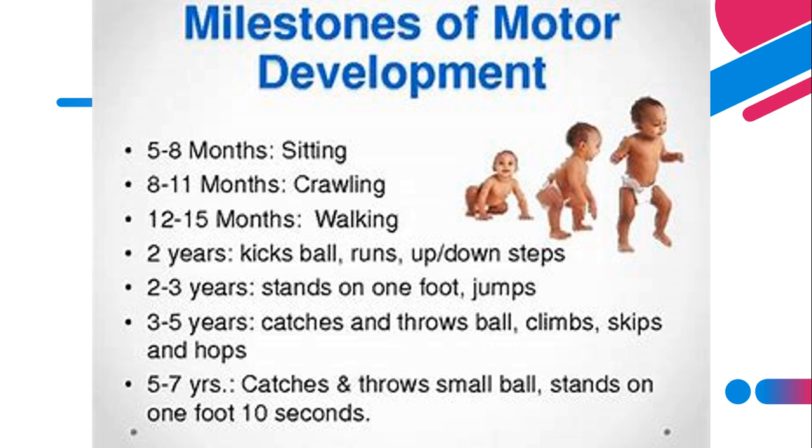They're developing that core, and they do that by their tummy time, as an infant, being able to lay on the floor and learn how to control their core. You learn from your core out. We'll talk more about that as we go. You learn from your core out to your extremities, and gain those fine motor control systems a little bit later on. 8 to 11 months, you're starting to crawl, and then 12 to 15 months, they're starting to walk.